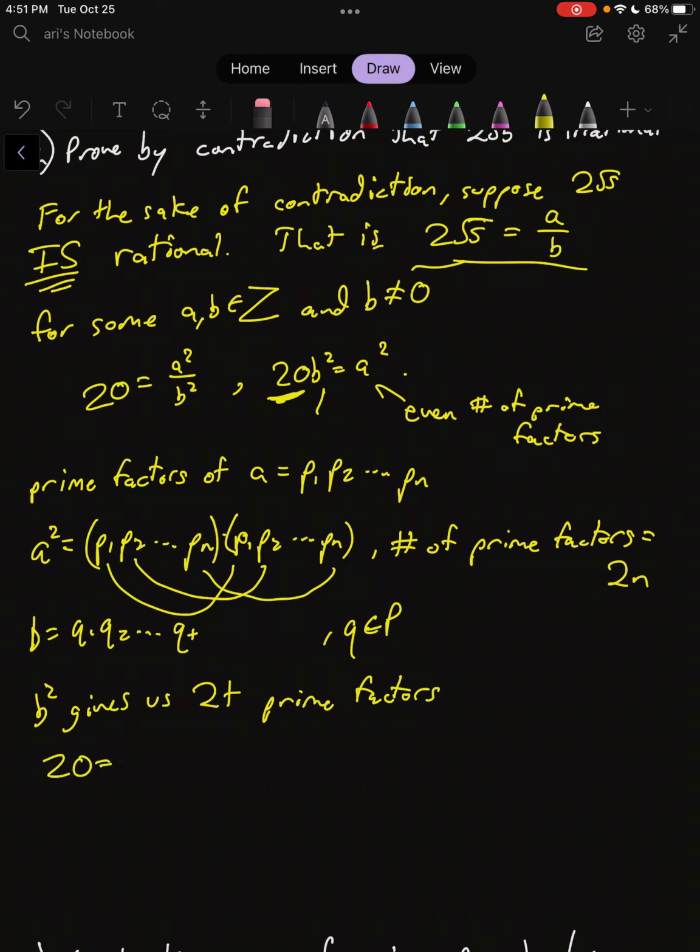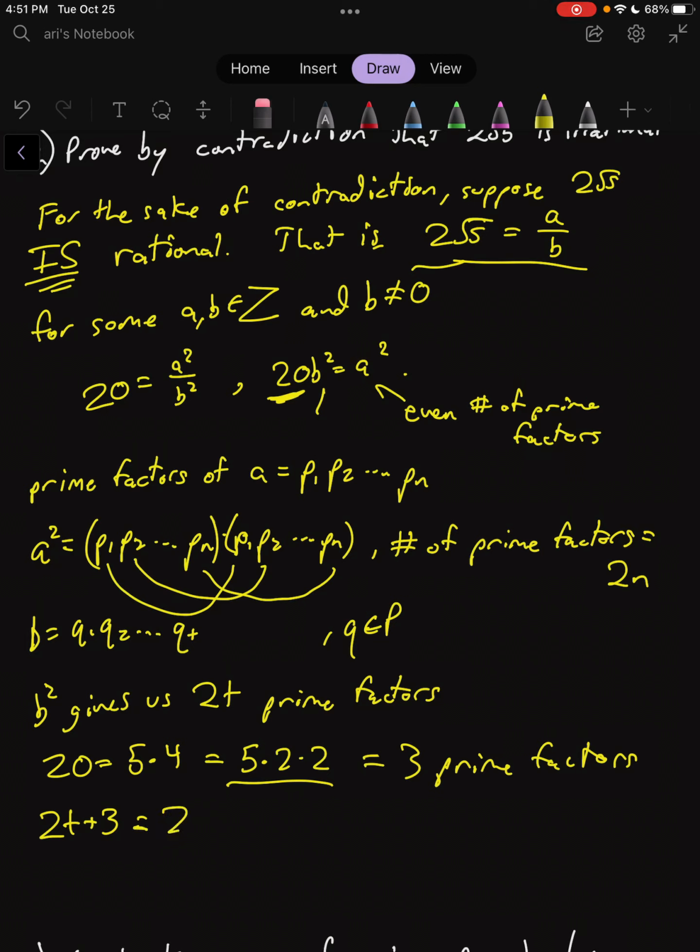But we also have this 20. And 20 equals 5 times 4, which equals 5 times 2 times 2. This is the prime factorization of 20, so 3 prime factors. So if we're counting prime factors on both sides of this equation, we have 2t plus 3 on the 20b squared side equals 2n on the a squared side.